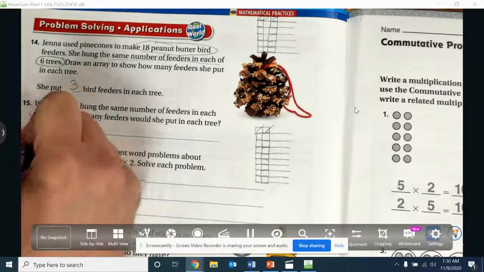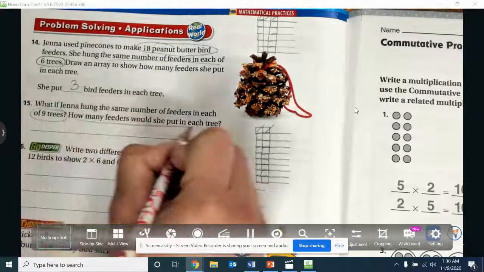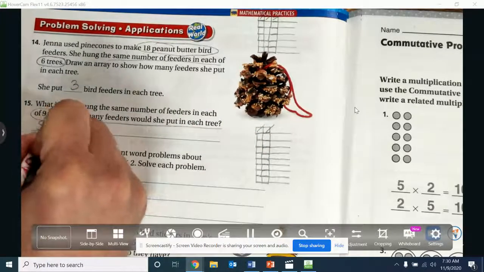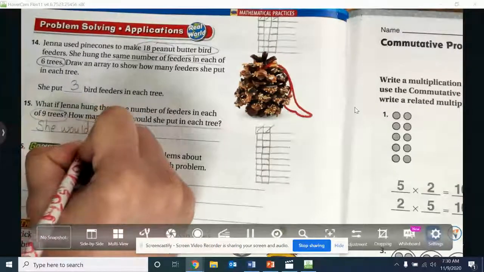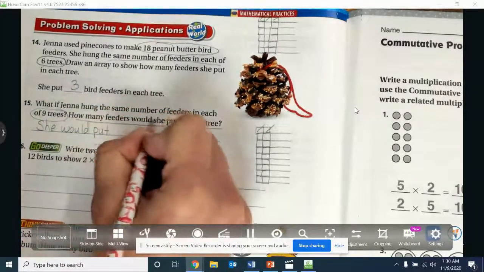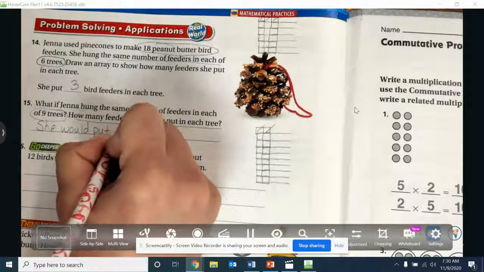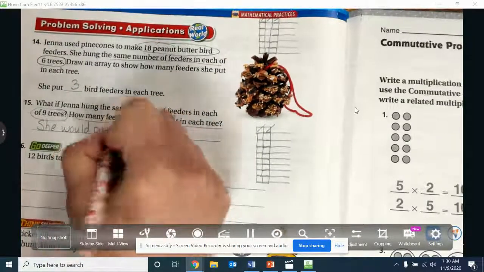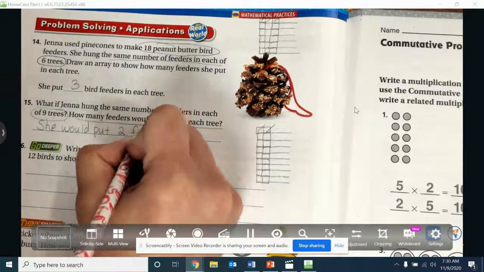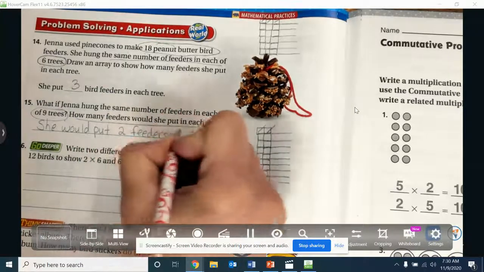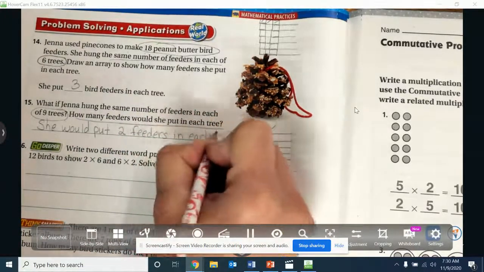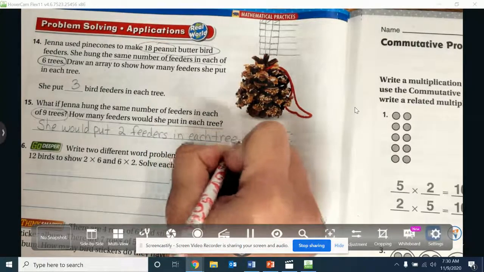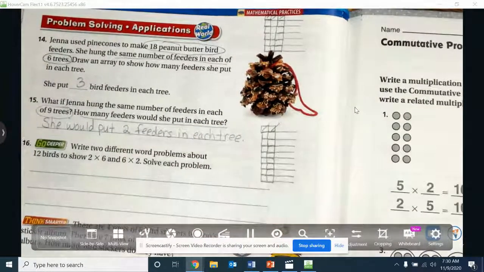So this time, she would put 2 feeders in each tree. Okay.